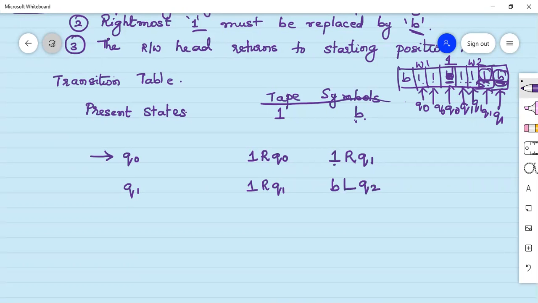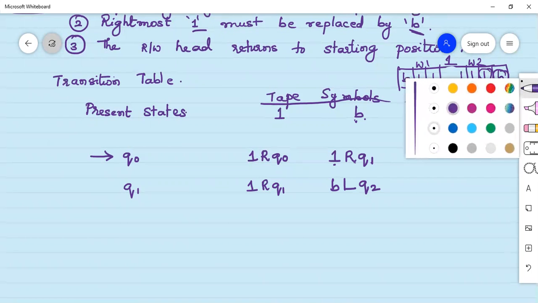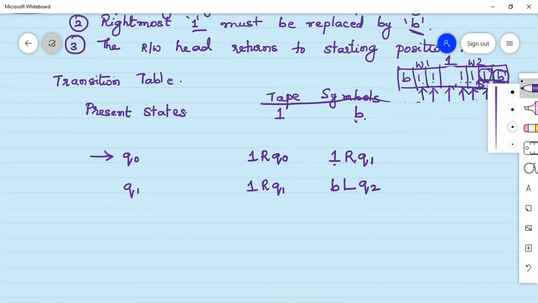That means when I come back now, I change the state to Q2. Okay, I come like this. That means now I have Q2 and a 1, isn't it? And what should this 1 become? It should become a blank.